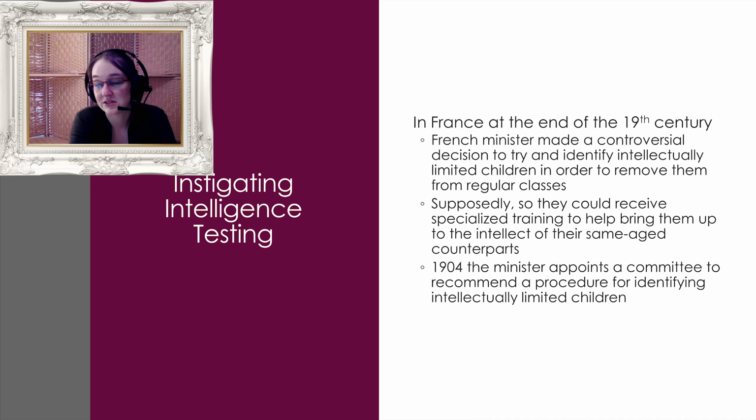The idea was so that those identified students could receive specialized training to help bring them up to the intellect of their same age counterparts. So to bring them back up to baseline.